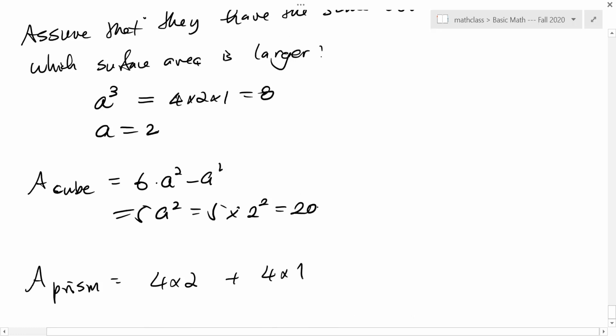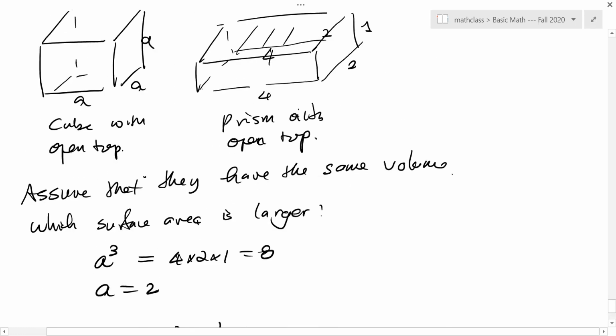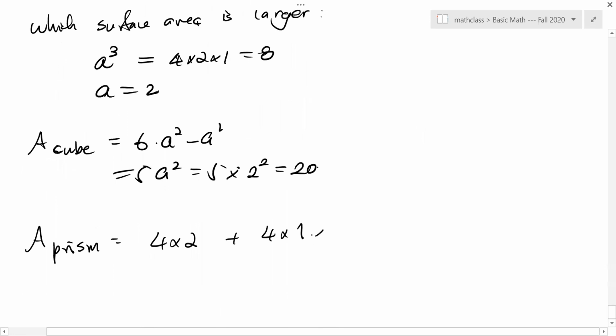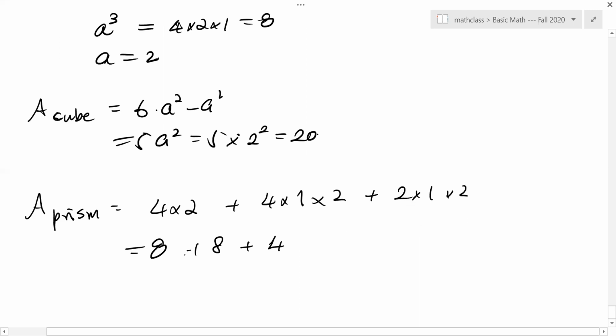And the 4 times 1, you have to count the 2, so times 2. And then 2 times 1 has to be times 2. So it's going to be 8, 8, and 4. So what do you get? You get the same.